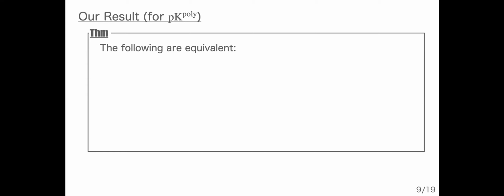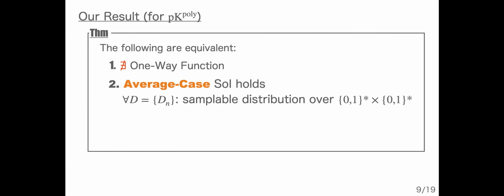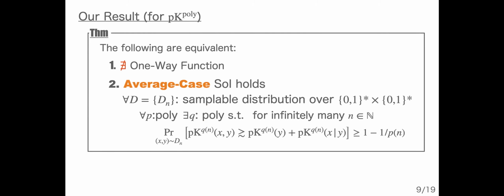Now I present the main result for PK, which shows the equivalence between the existence of one-way functions and average case symmetry of information for PK poly. But for simplicity, we state the result by taking the negation. That is, one-way functions do not exist if and only if for every samplable joint distribution, the symmetry of information holds on average for PK poly.